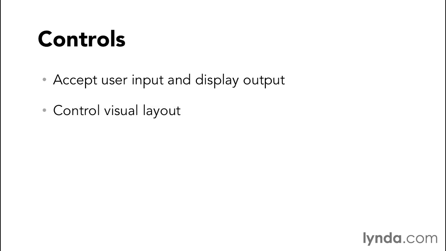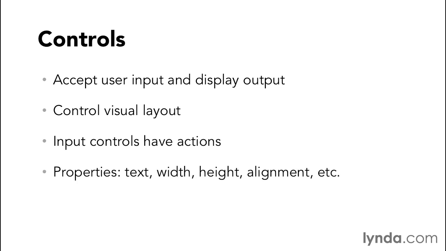That means you can have one control manipulate the status of another control so that you can, for example, change which picture it's showing, or make a particular control appear or disappear on the screen. Input controls have actions. So the action is where you put your logic. When the user taps on a control, a particular action is invoked that says what to do when the user taps on that control. And every control has a variety of properties.